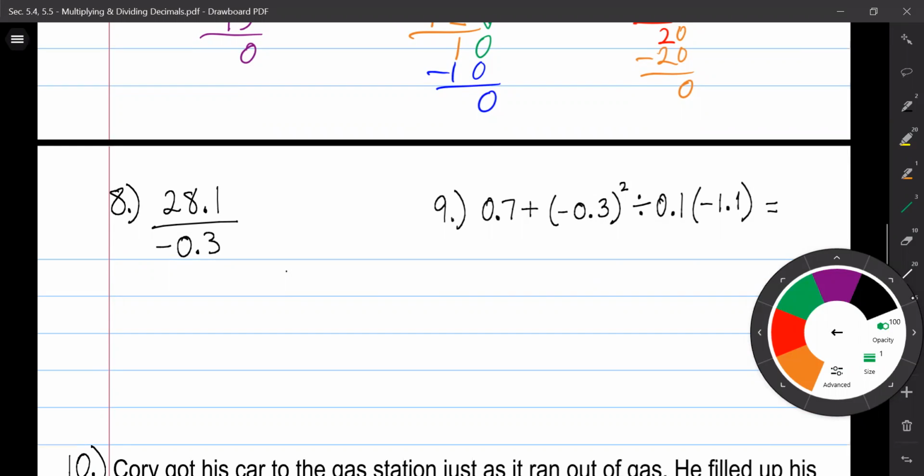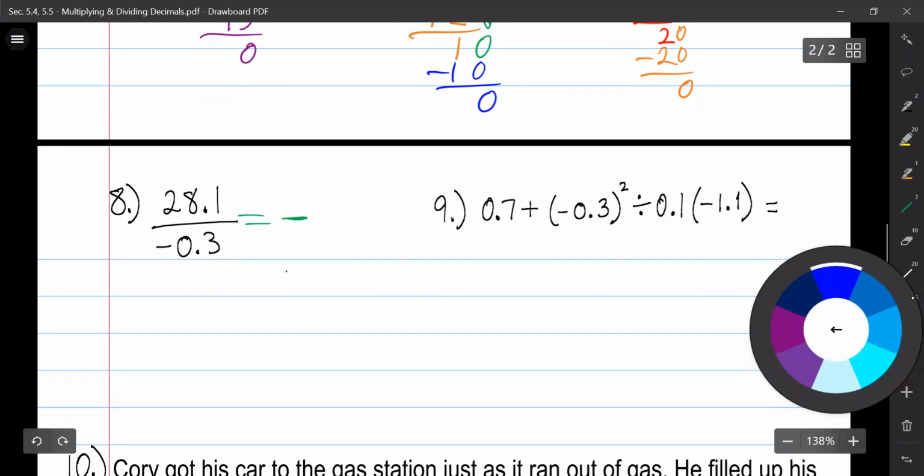So I know that my answer is going to be negative. And then the number that I'm dividing by needs to become a whole number. So move the decimal point one time to the right and move the other decimal point one time to the right as well. So I'm doing 3 going into 281.